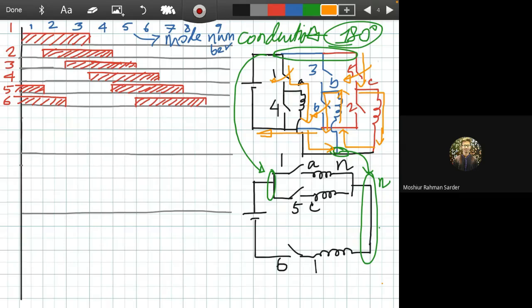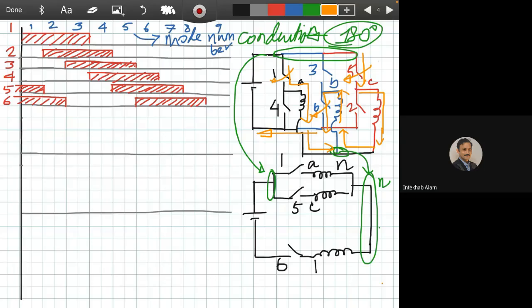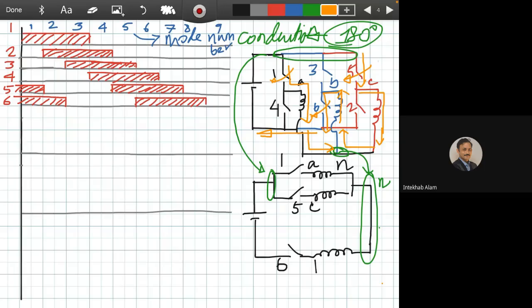Please follow the orange line. Is it okay? Yes sir. Current enters from 1 and 5 and goes back to the source negative through point B and 6. So do you agree with me? Yes, sir.